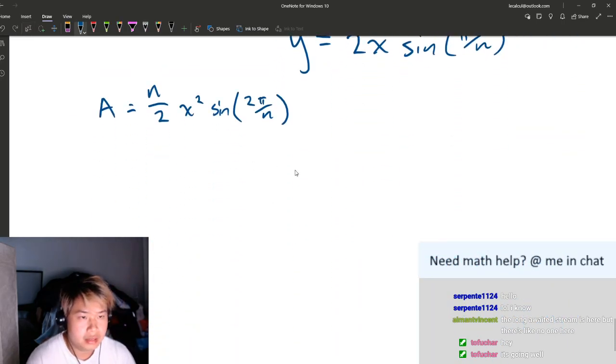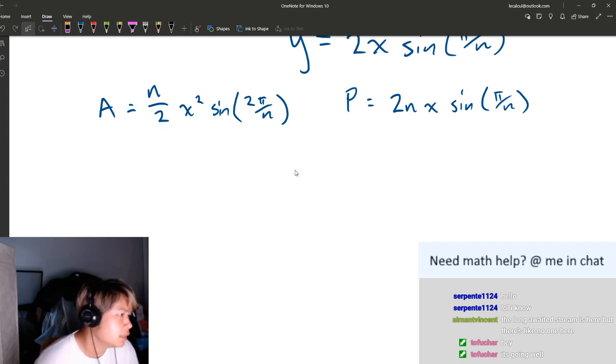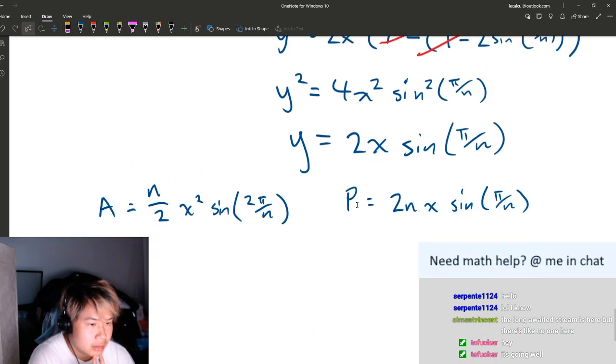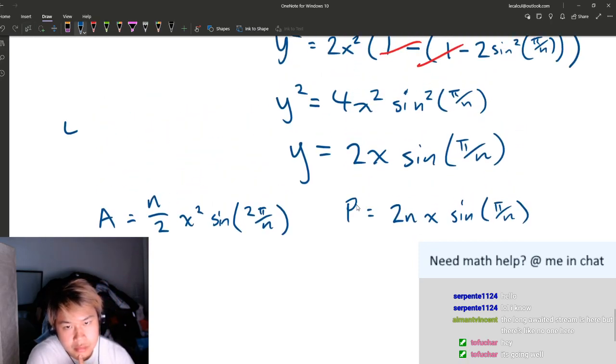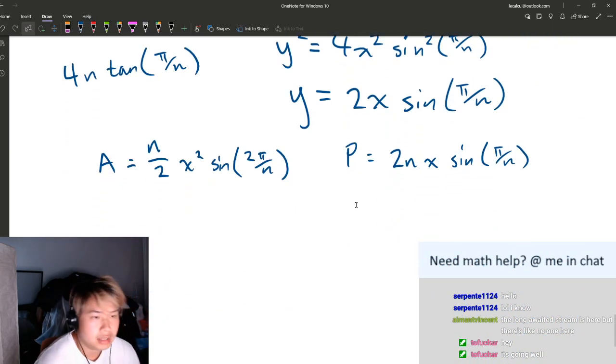So P is 2nx sine pi over n. And then I need them to both equal 4n tan pi over n. And this is 7 marks. It's a doozy.